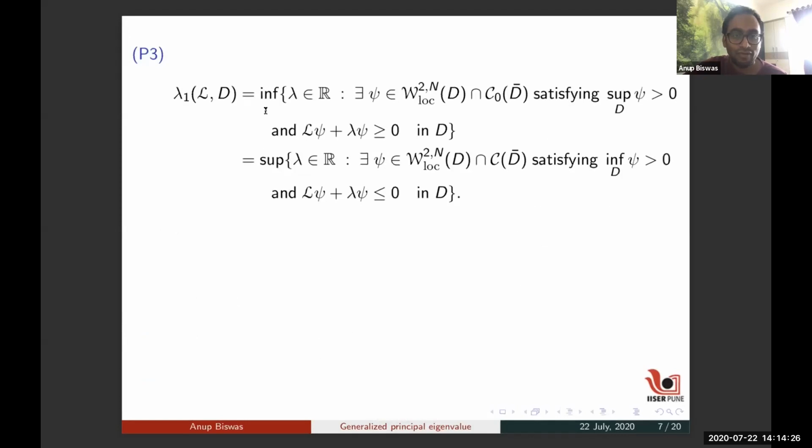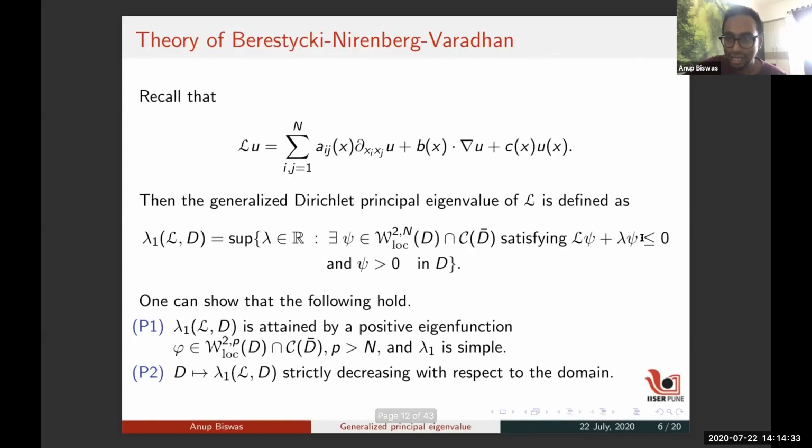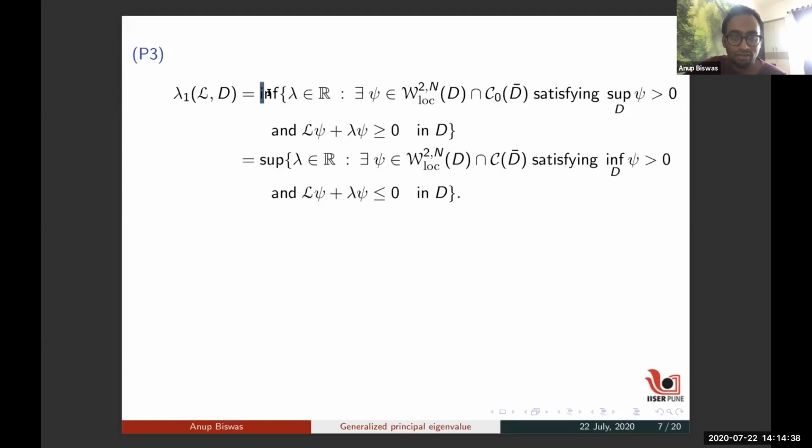And you see this Perron-Frobenius type characterization holds. Whether you take the infimum, then you have to look for sub-solutions. If you go back, I had super-solutions, which is the less than or equal to sign. If I take the infimum, the sign flips, and I take sub-solutions. The same class of functions, it has to be just positive inside, in fact positive inside D. And another supremum, but here I want my psi to have positive infimum.